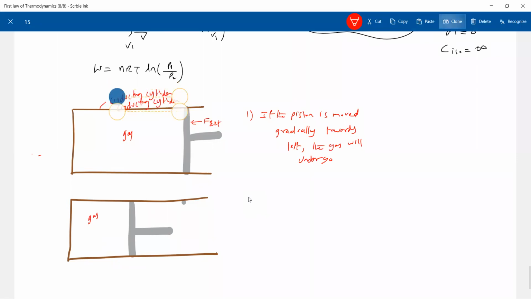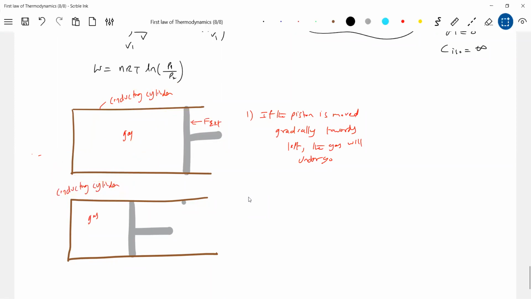There is one more condition: this is a conducting cylinder.